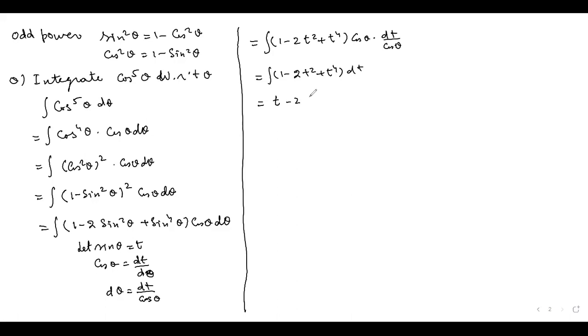Sir, t cube divided by 3. Very good. This one is the revision of AS. And the next one is t power 5 over 5 plus K. T is sine theta, so the answer is sine theta minus 2 over 3 sine cube theta plus 1 over 5 sine power 5 theta plus K.